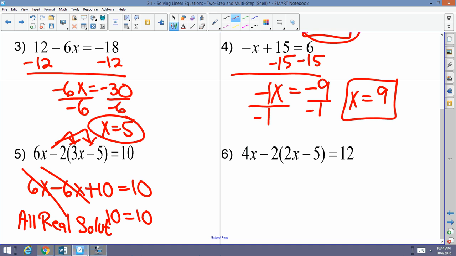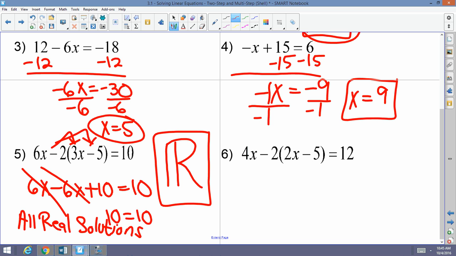Now, there is a symbol for all real solutions. Just draw a parallel symbol and then a big R. And that means all real solutions. I didn't make it up. That's all real solutions, okay?